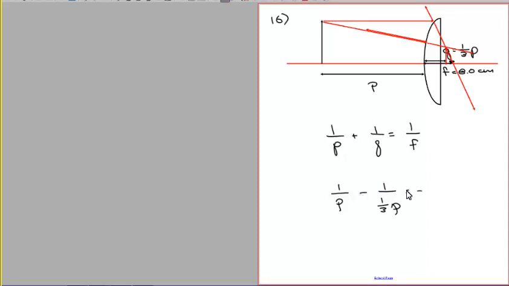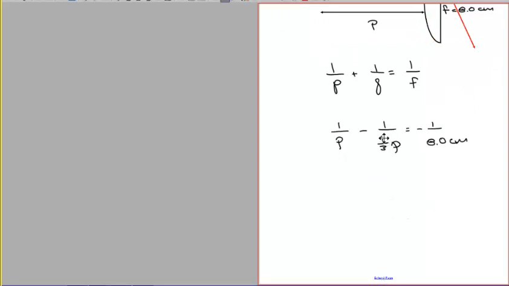And we get negative 1/8. Okay, so P is positive. It's on this side. Q is on the other side. It's virtual, so it's negative, and its value is 1/3 P. The focal length is on the back side, so it's a negative.